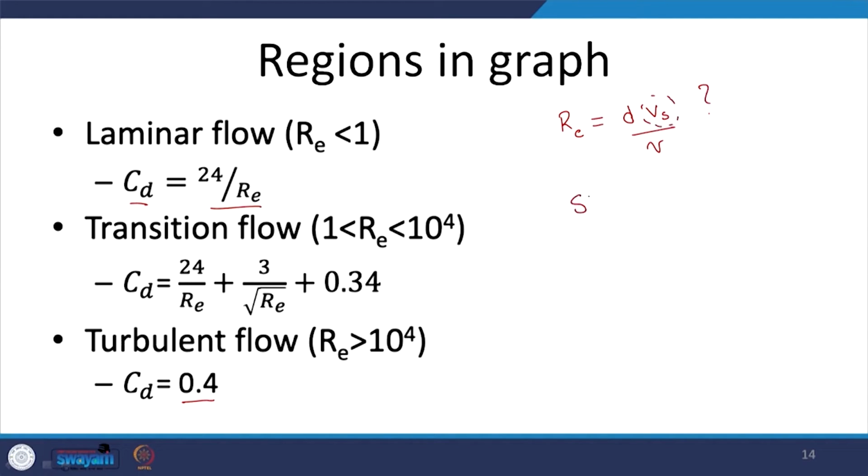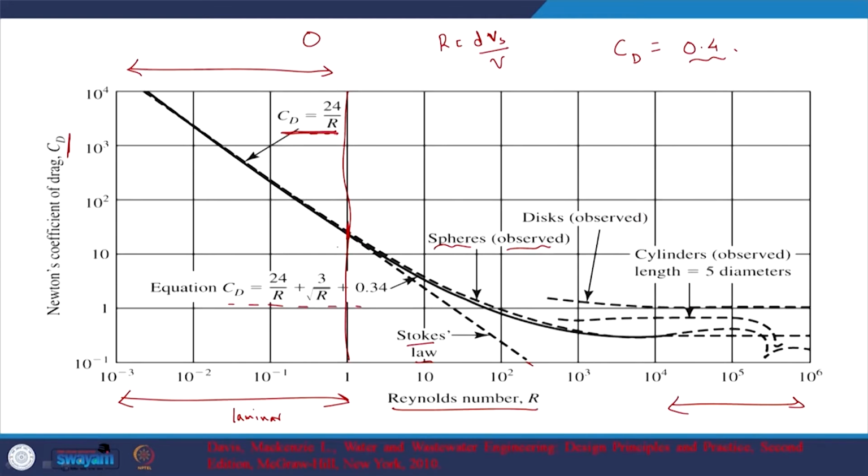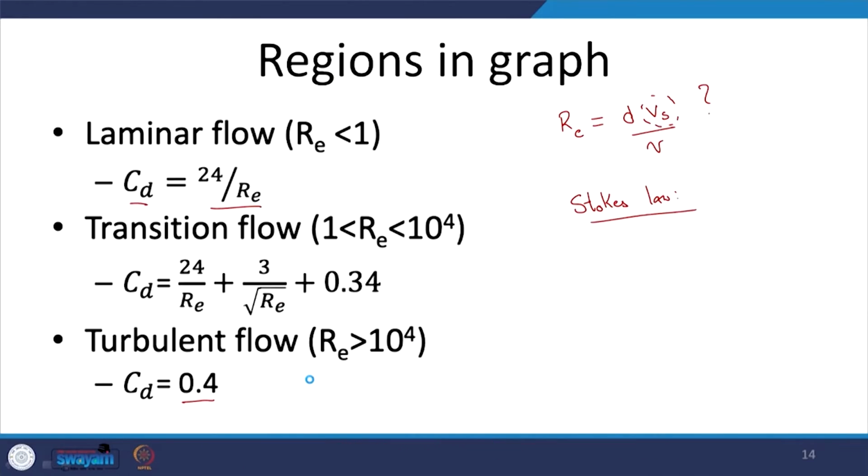So, I have my Stokes law, relatively simple, but as we know Stokes' law is very well applicable only in the laminar flow region, that is what I see out here. So, assuming laminar flow conditions, I am going to calculate the Stokes settling velocity from Stokes' law for that particle size.